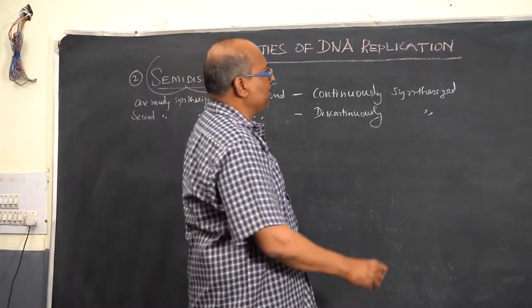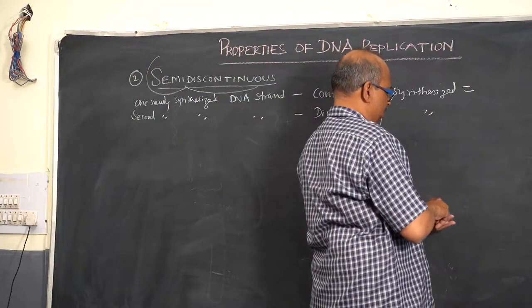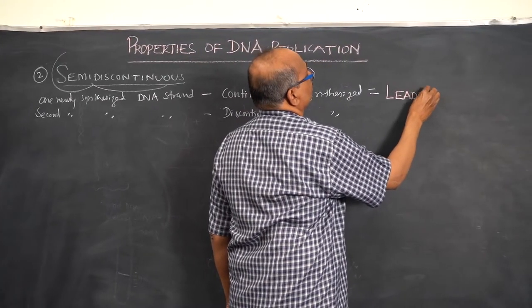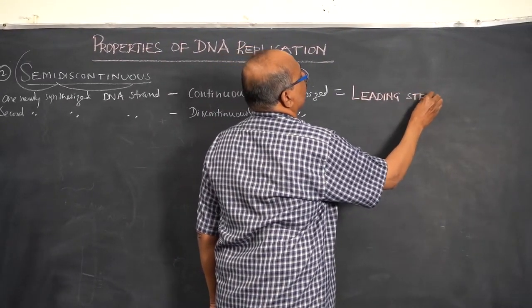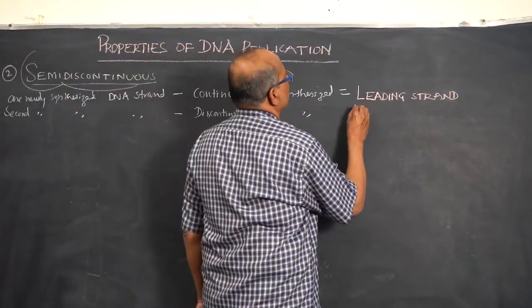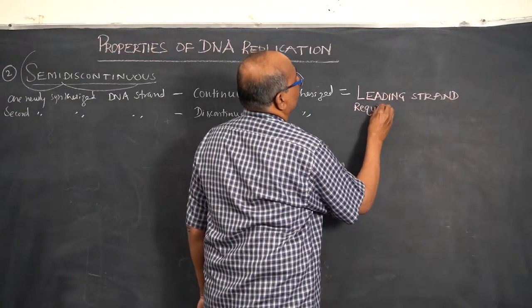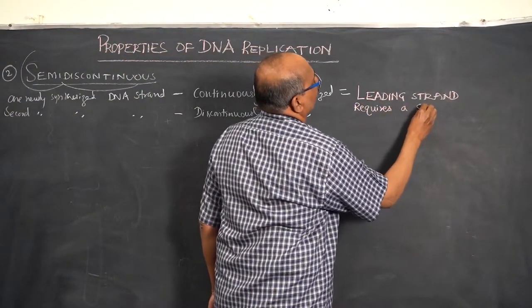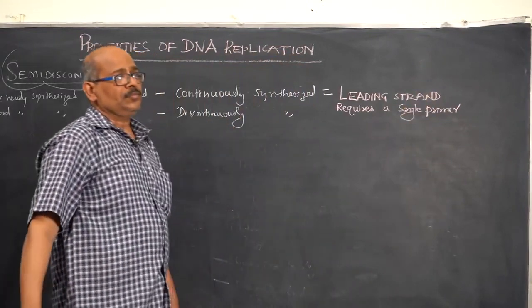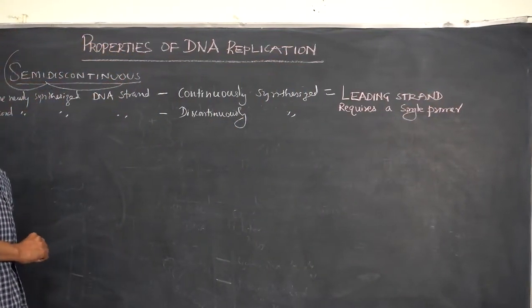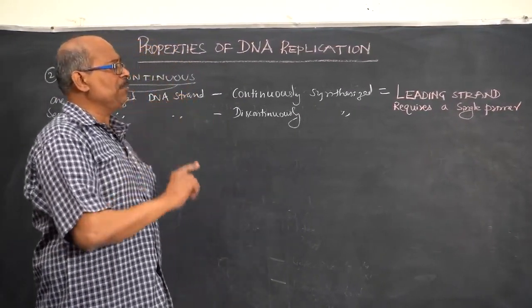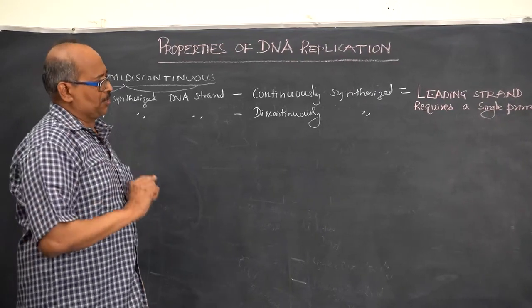The strand which is continuously synthesized is called leading strand, and usually requires a single primer. So the continuously synthesized strand is called leading strand. Leading strand synthesis starts with a single primer, and that primer will be continuously extended.